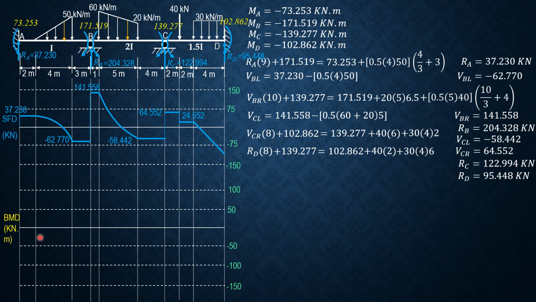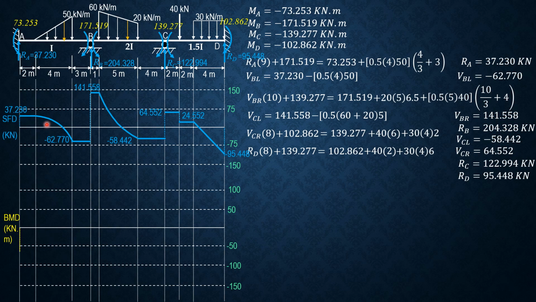So for the bending moment diagram, we have negative 73.253, go down. Then negative 73.253 plus the area here, which is 37.23 times 2, so it rises in a straight line to 1.207.